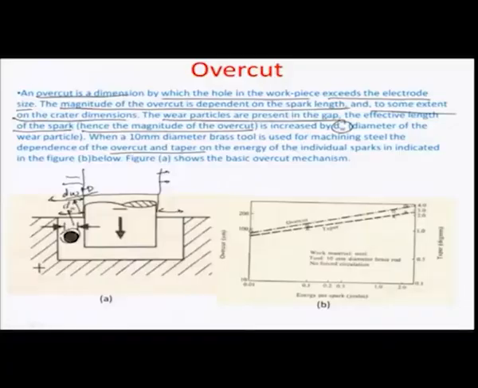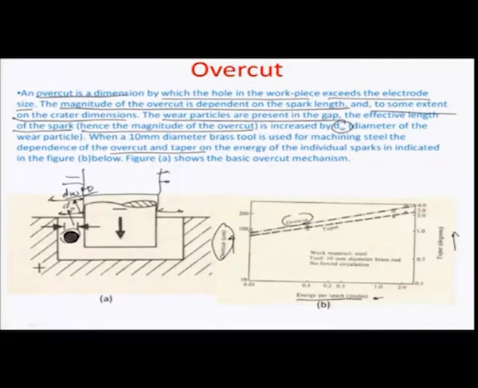So if you look at the energy versus taper in most of these tools, and as a matter of fact even the energy versus the overcut, you can see that if the spark energy is increased, both the overcut as well as the taper vary. If we look at only the overcut size, as spark energy is more, the overcut is linearly increasing.